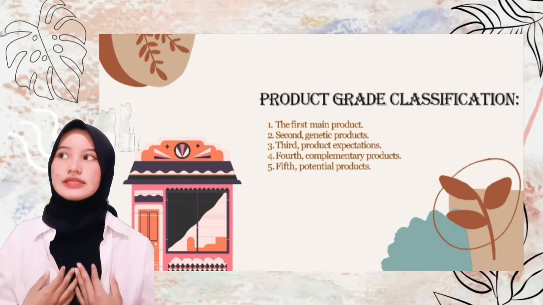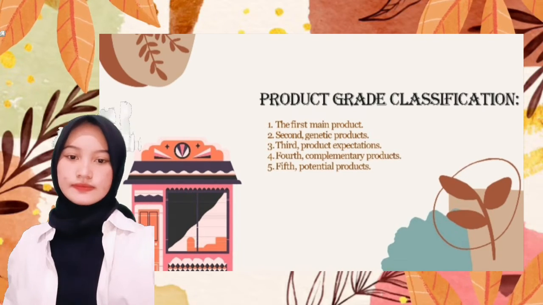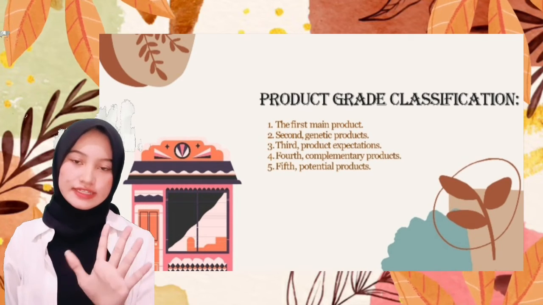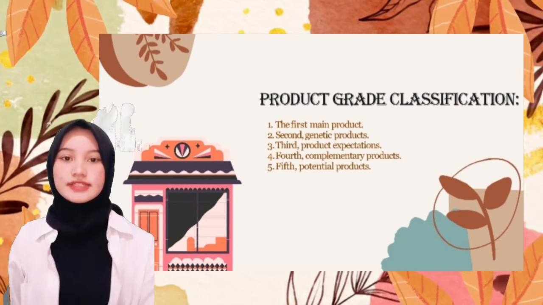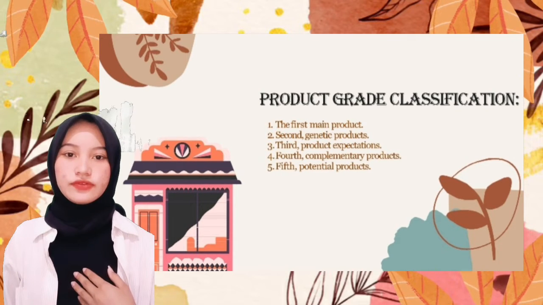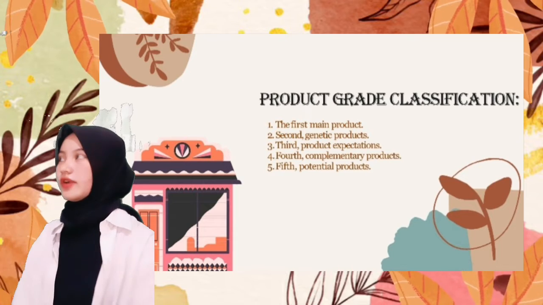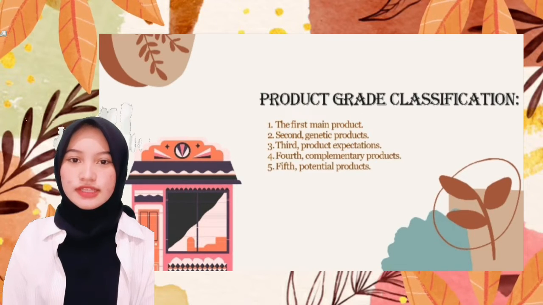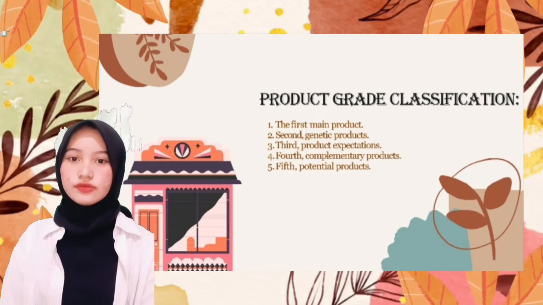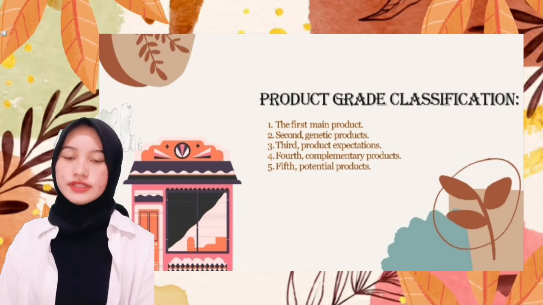And the last one, number 5, about product grade classification is potential products, which are all kinds of addition and change that may be developed for a product in the future. For example, the customer receives ongoing image processing software upgrades with new and useful features.